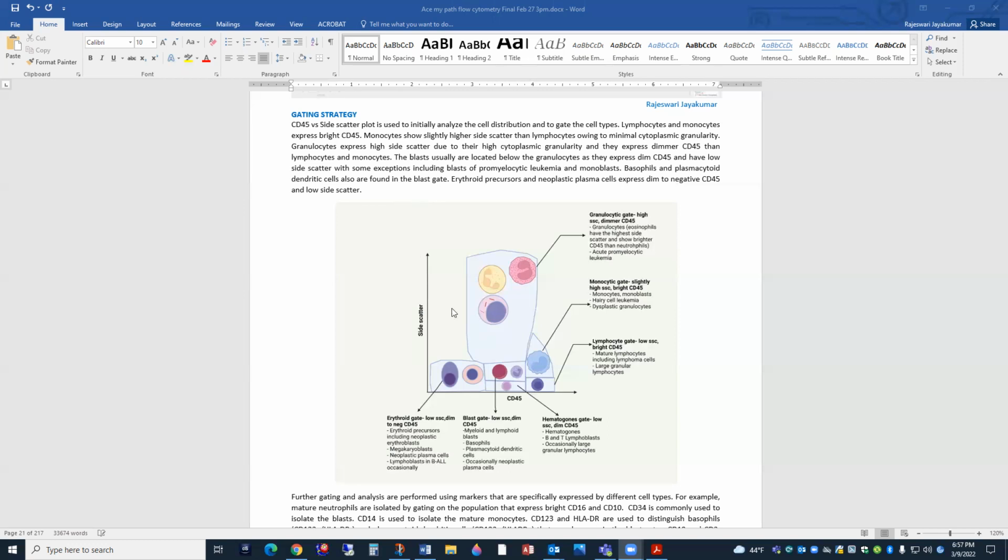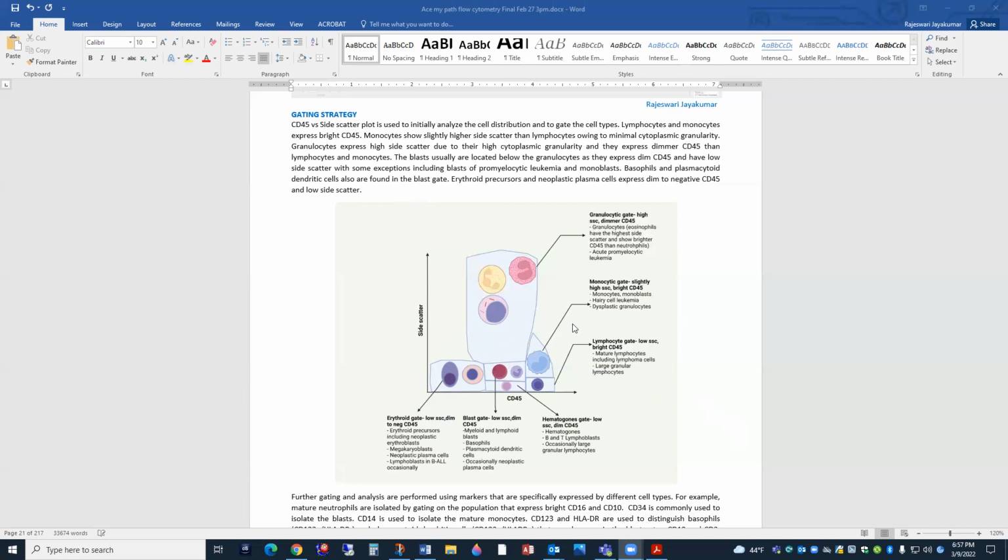So they are all almost negative. Neoplastic erythroblasts and neoplastic megakaryoblasts are usually CD45 negative, or they have very dim CD45. And neoplastic plasma cells lose CD45, so they can sit here. And sometimes lymphoblasts, like I said, especially in B-ALL, can sit here.